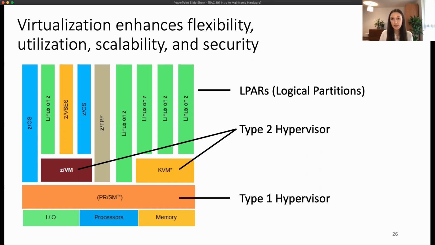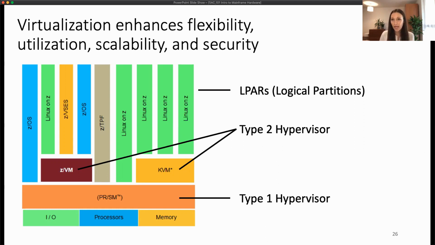So you can decide what sort of operating system you want to run in an LPAR, and you can also decide how many resources an LPAR should get. You can decide if resources should be shared between the LPARs, or you can dedicate certain resources to a specific LPAR. To manage all of that, you require a hypervisor.